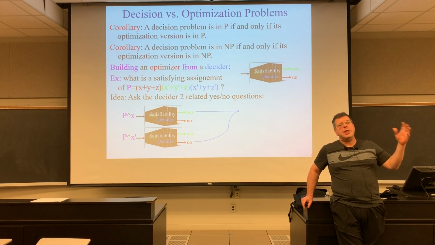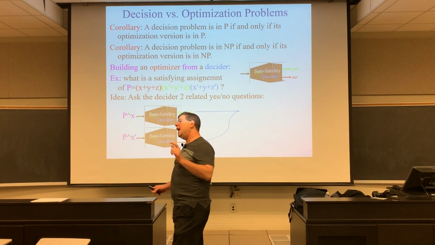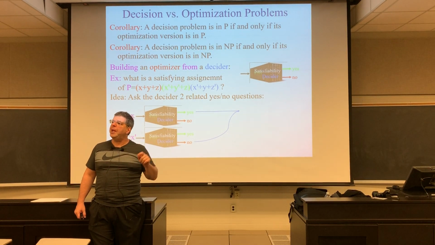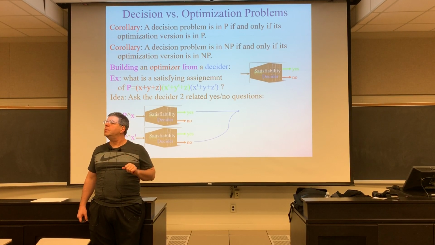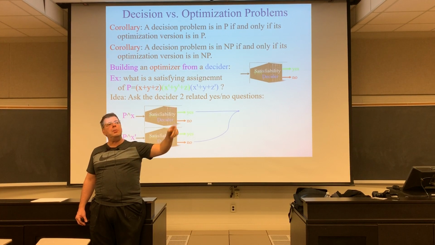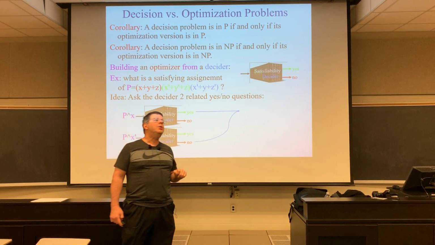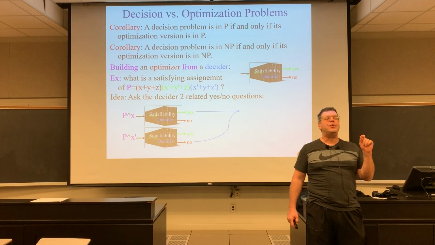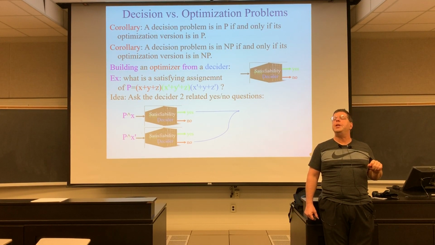Because if it says P is satisfiable, well, there is a satisfying assignment for P. If it says that P and X is also satisfiable, that means there's a satisfying assignment for P where X is also 1, not 0. There could also be a separate one where X is 0. One doesn't exclude the other. But at least there's one where X is equal to 1. So what are you going to do next? You just squeezed one bit of information about the satisfying assignment by calling it twice. What are you going to do next?